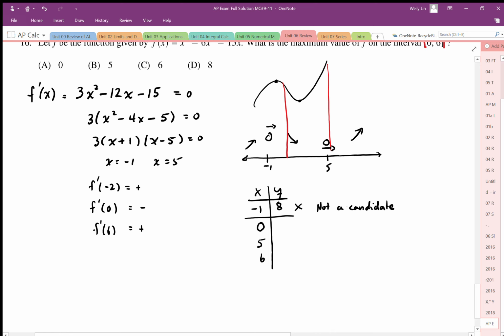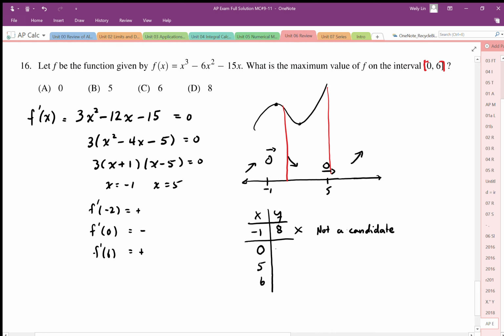So when I calculate f of 0, plugging in 0 into my function, I get 0. F of 5, when I plug in 5, which I don't really need to do, is 125 minus 150, so that's negative 25, minus 75.